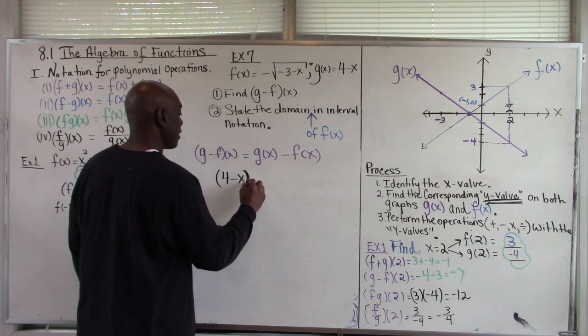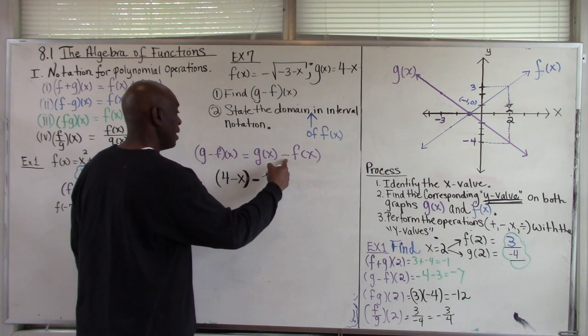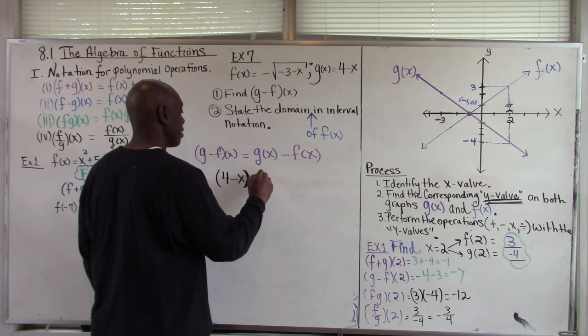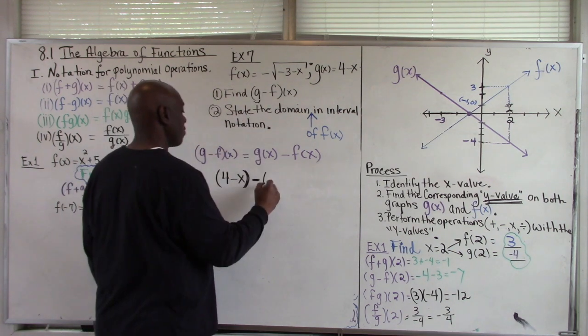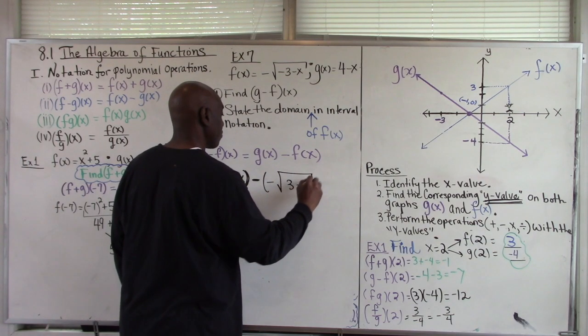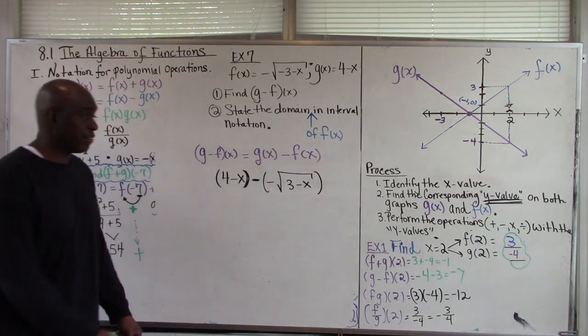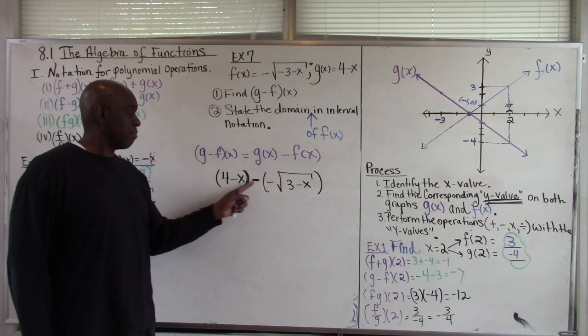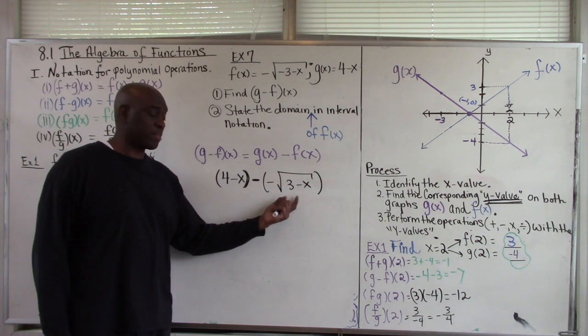Bring down the minus sign right there. Now write f of x. F of x is negative the square root of 3 minus x. Okay, we've done it. This is g of x minus f of x.